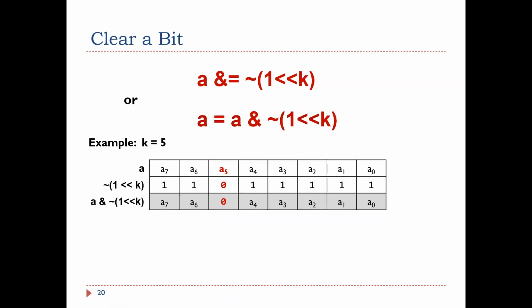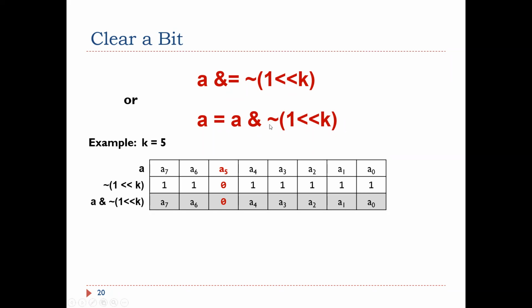Okay, so let's proceed with the next operation, where we are going to clear a specific bit. Clear means, once again, that you would like to set it to 0. So the operation could be this.